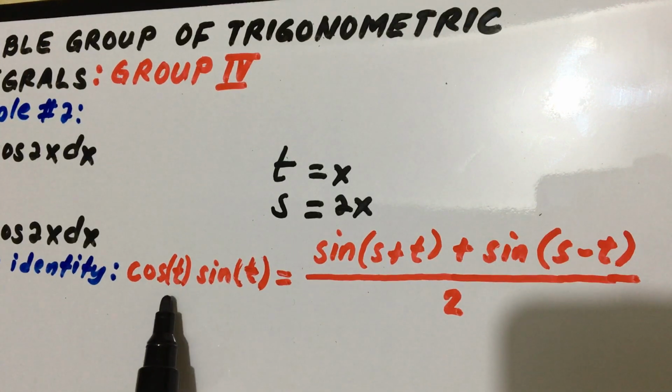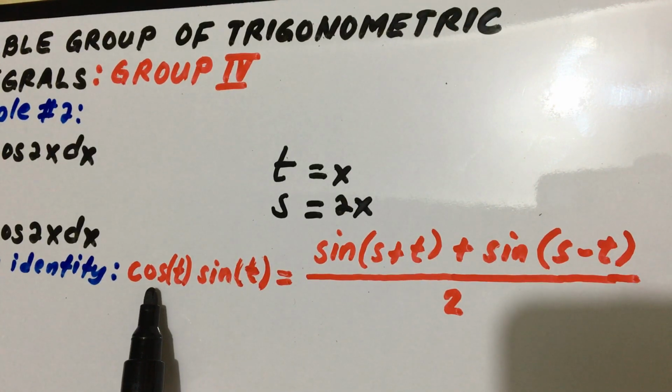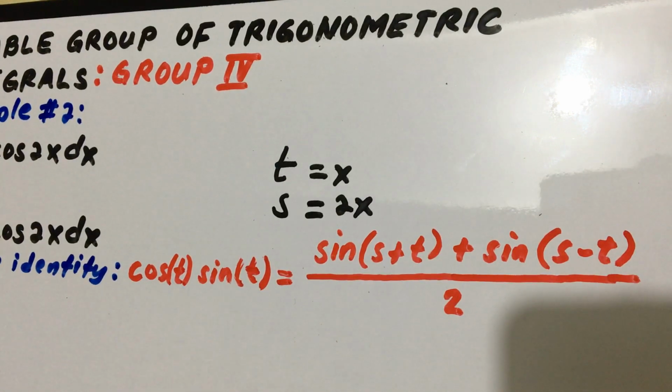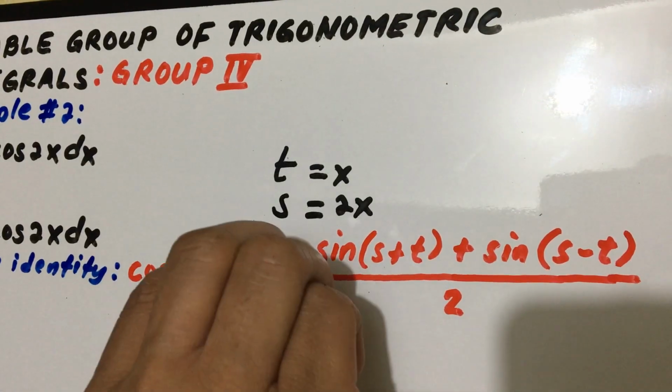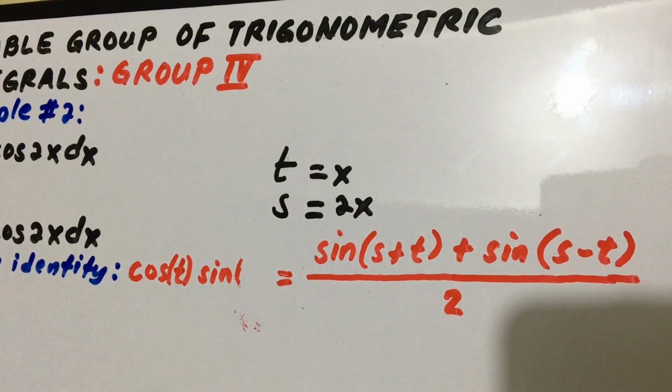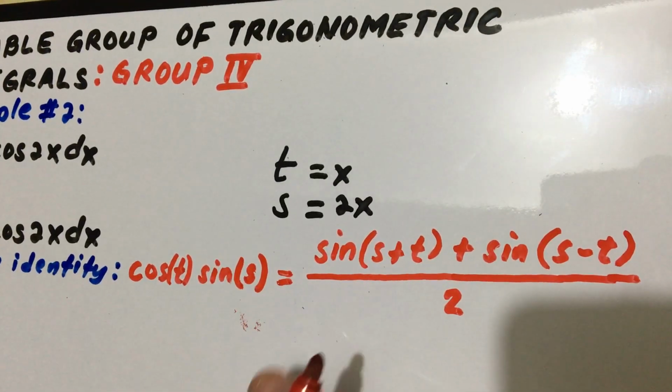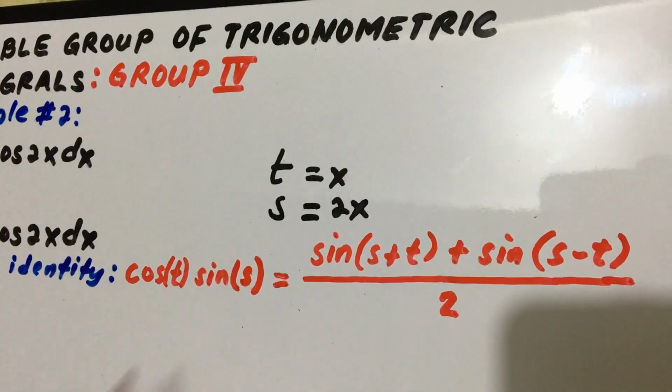For this formula, cosine t times sine s, the t is for the cosine. This should be s. Sorry, class.